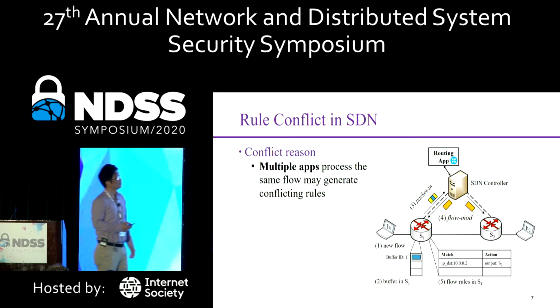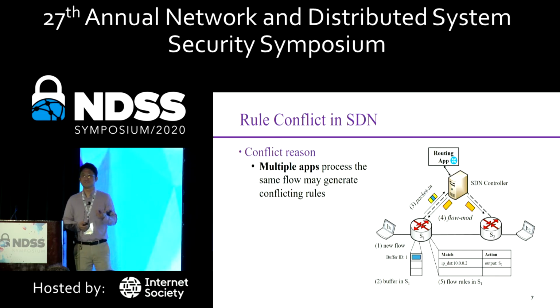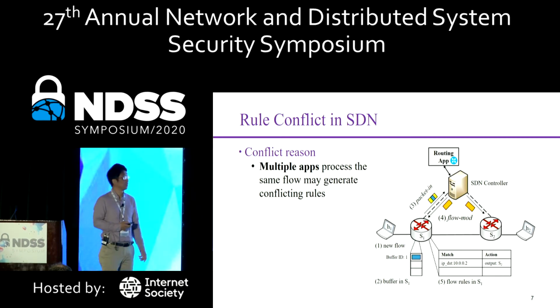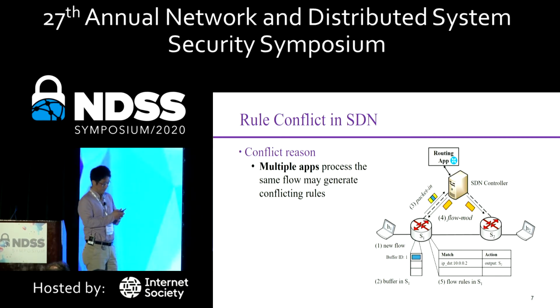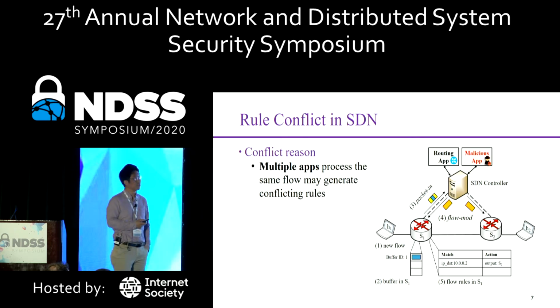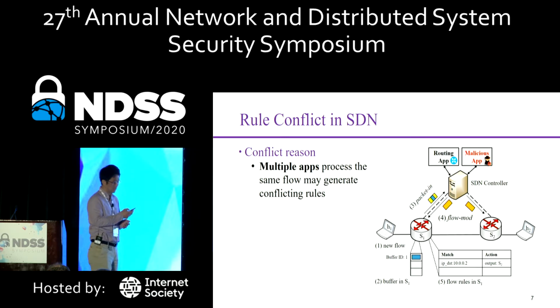In previous work, researchers identified that if multiple applications receive this packet-in and send back multiple flow mod messages, there could be conflicting rules. For example, there's another malicious app that, after receiving this packet-in message, also sends another flow mod message.